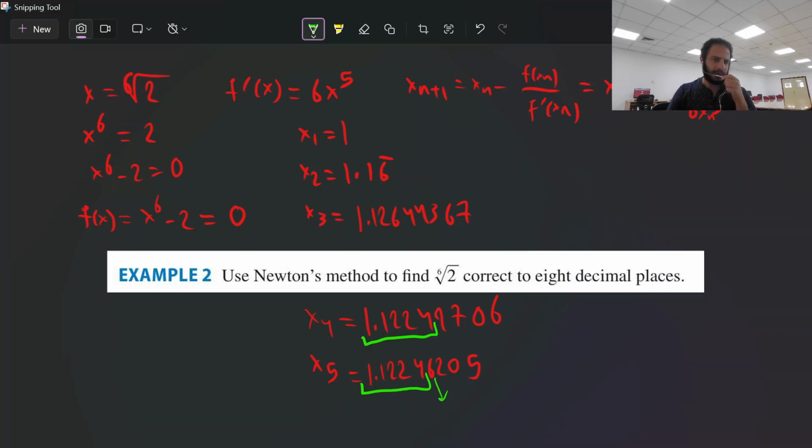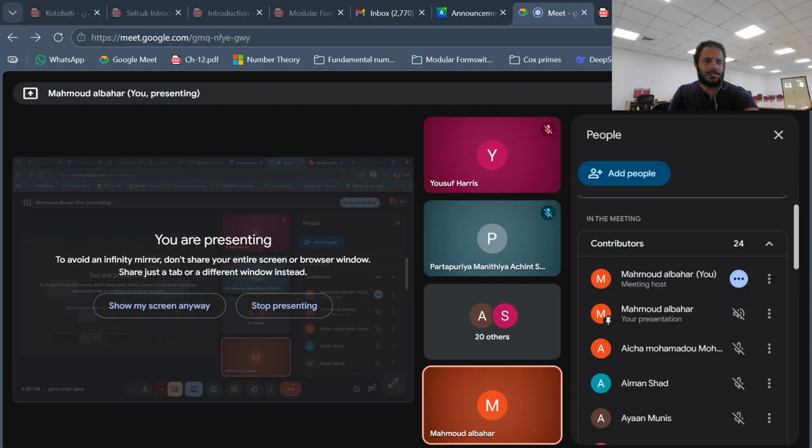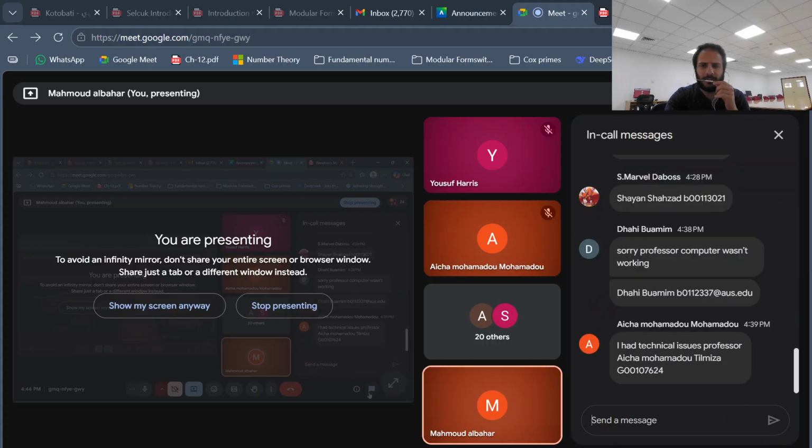If not, then it's not the correct digit, okay? Are you good with this? Let's find x6 now. Do you want to try to find x6 by yourself?